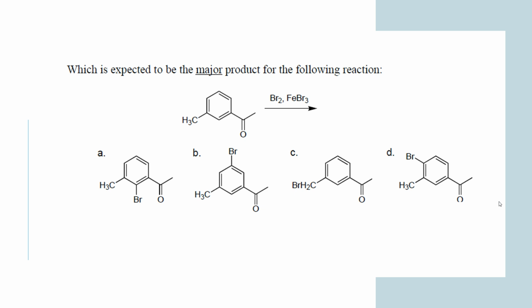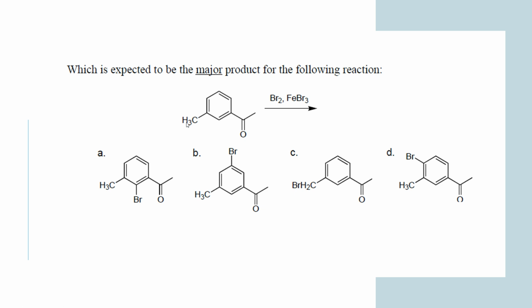By experimental research it is always found that the orthopara directing group directs the incoming electrophile, neglecting the effect of the meta directing group. So when methyl and acyl groups are present in the benzene ring, the orthopara directing group will dominate here.